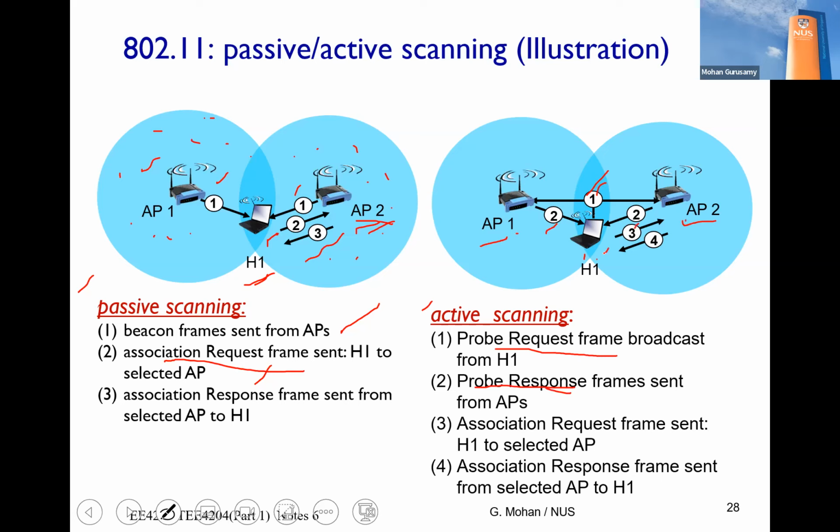In step number 3, host 1 will choose; in this example, it chooses AP2, then it sends the association request. And in step number 4, AP2 will respond with the association response to confirm the association, and that is the end.